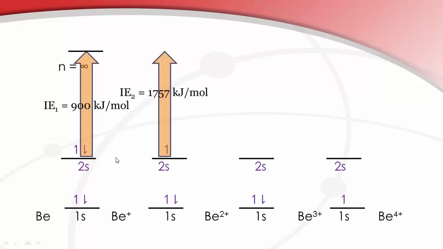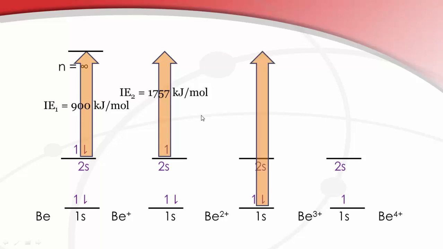To kick off a second one is about double that. So the second electron that we want to kick off is held tighter than the first. And that's not altogether shocking for reasons we may get into at some point.